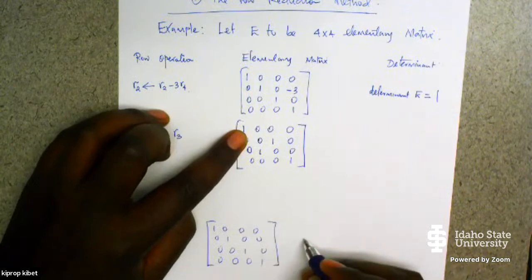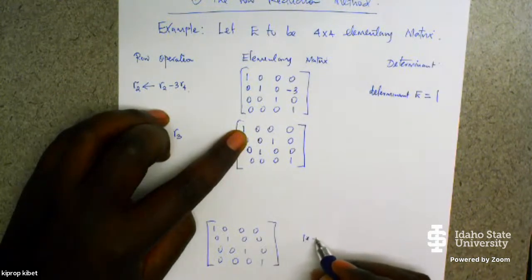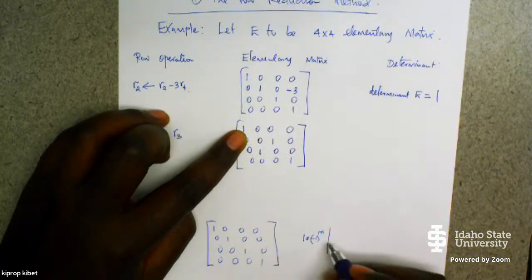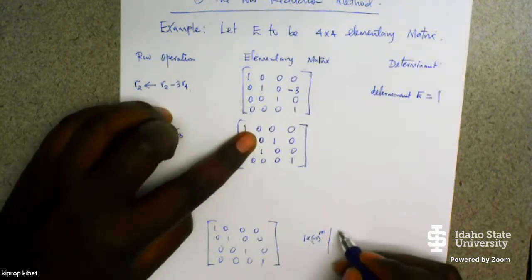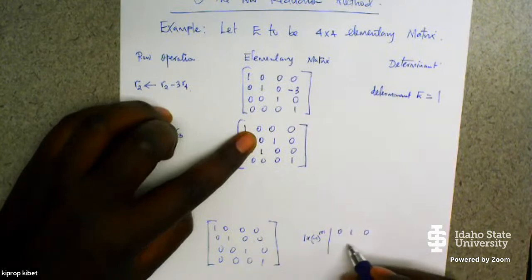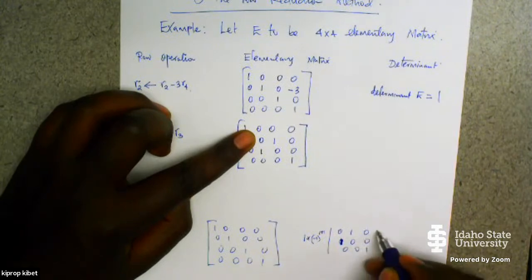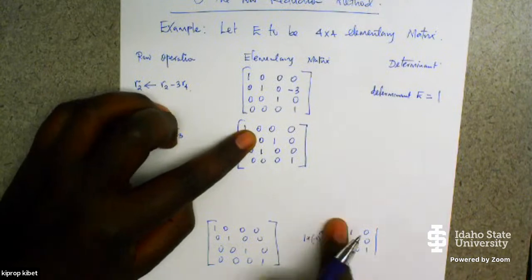Take 1 multiplied by -1 to the 1 plus 1, times the determinant of what remains, 1, 0, 0, and 0, 0, 1, which is 1.